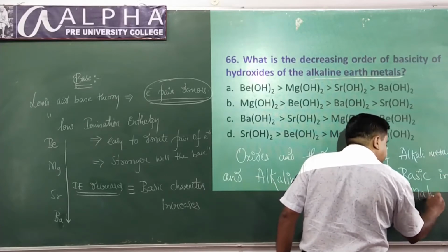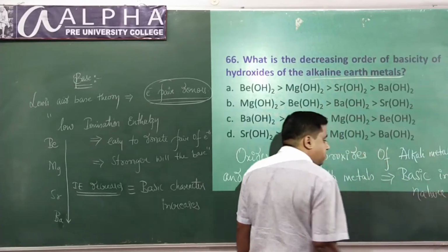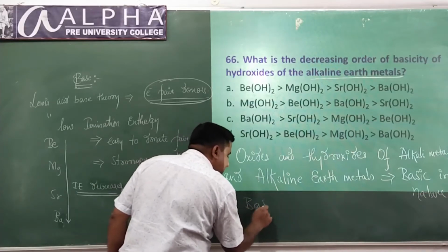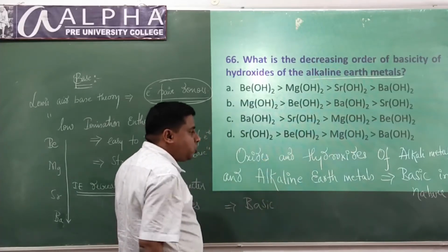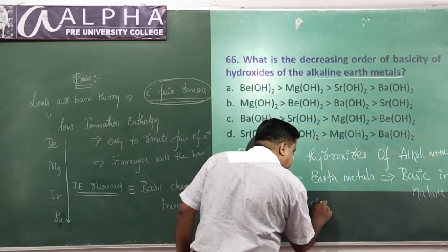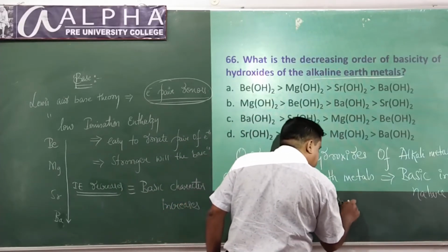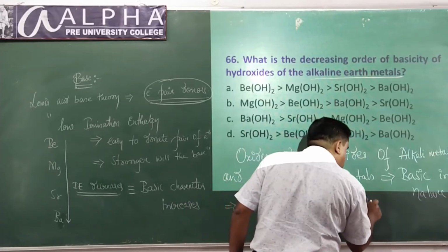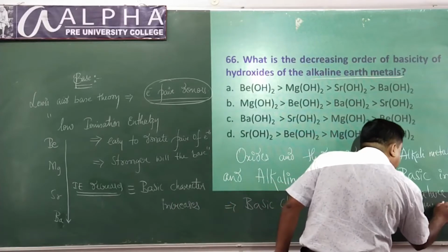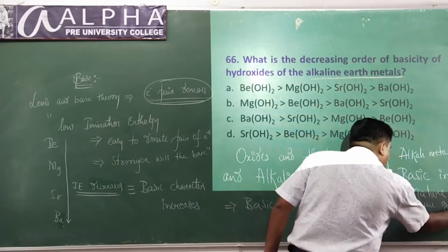Understand that point. Okay, the basic character of oxides and hydroxides increases down the group. Why does it increase down the group?